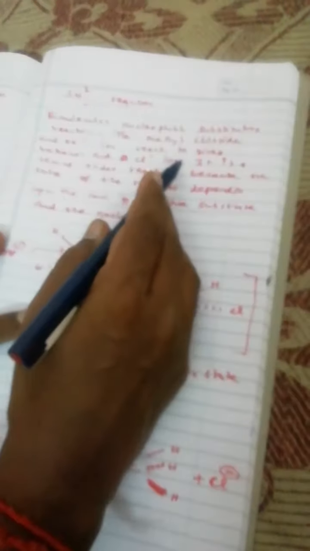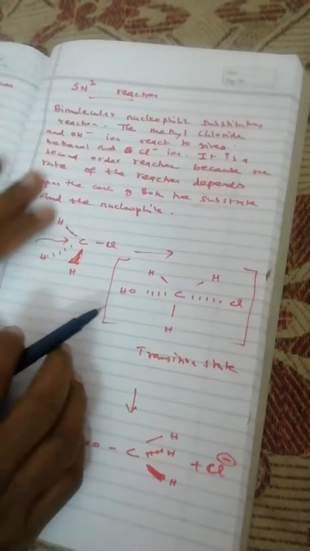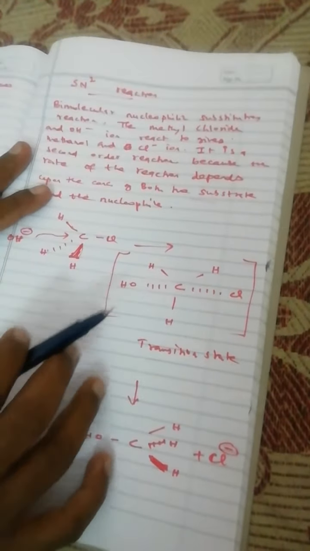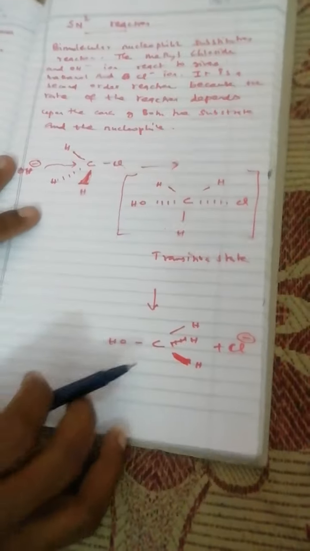Bimolecular nucleophilic substitution reaction: methyl chloride and OH ion react to give methanol and chloride. It is a second order reaction, because the rate of the reaction depends upon the concentration of both the substrate and the nucleophile.